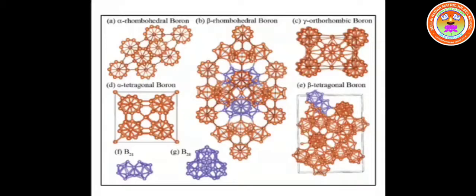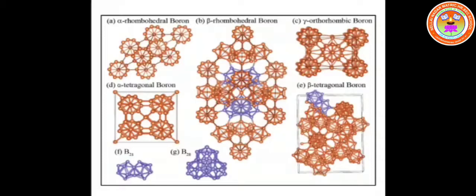So rhombohedral, orthorhombic, tetragonal, all these terms are related to the structures of the allotropes, depending upon the crystallographic angles and the crystallographic axes. Alpha rhombohedral and beta rhombohedral boron are also allotropes. Then gamma orthorhombic is one allotrope of boron, and alpha tetragonal, beta tetragonal.